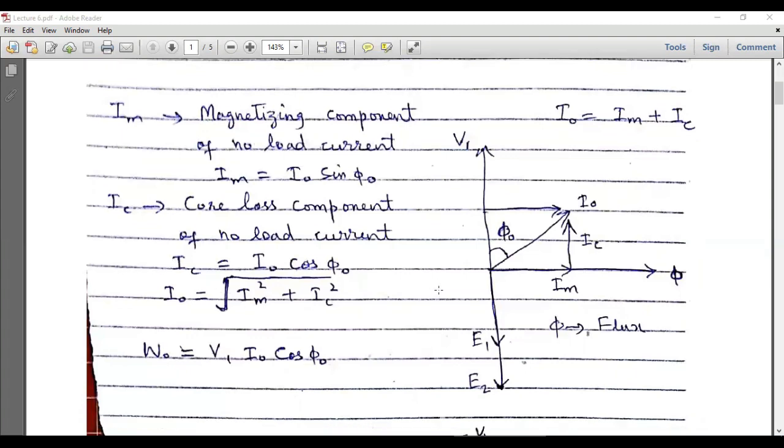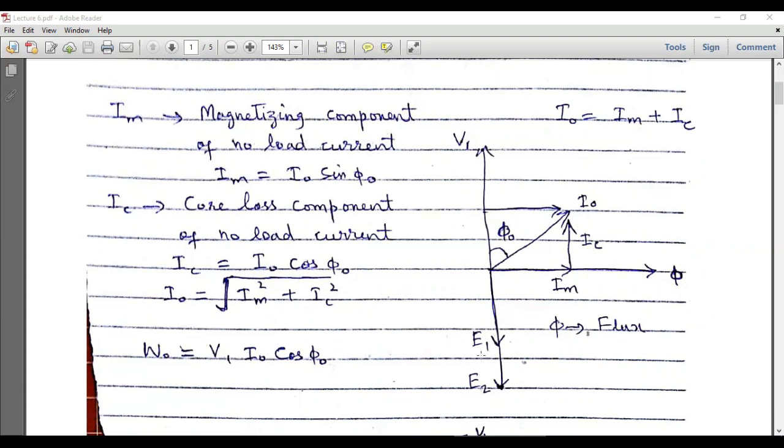So the overall phasor diagram of the transformer can be drawn here for this particular case, when we have no load and we are discussing a practical transformer. This is the phasor orientation of the primary applied voltage, and the induced voltage at the primary side will be 180 degrees out of phase with this applied primary voltage. So E1 is shown in the downward direction.